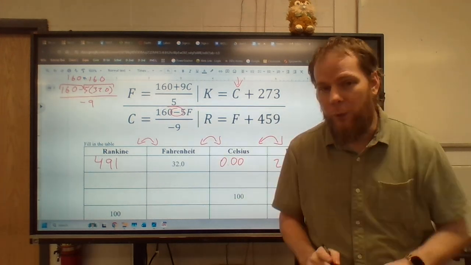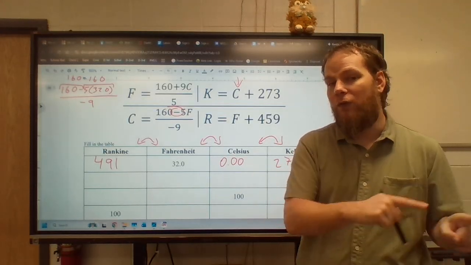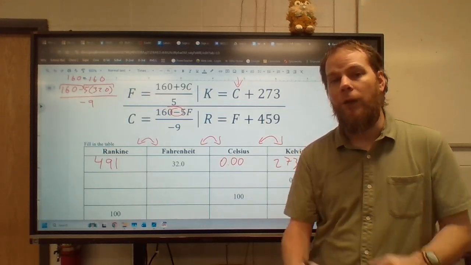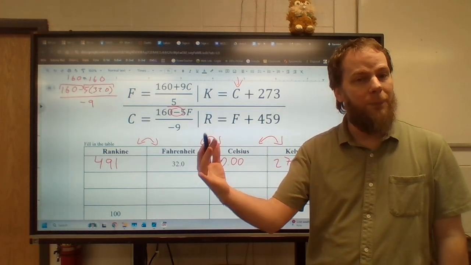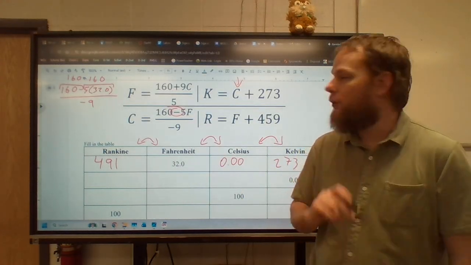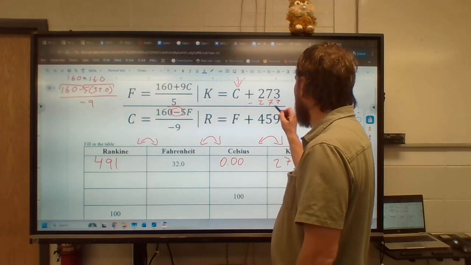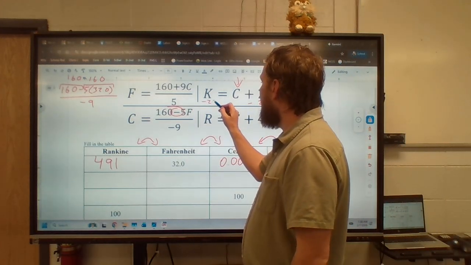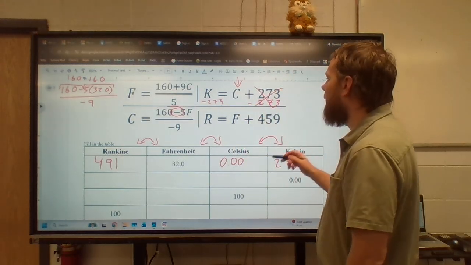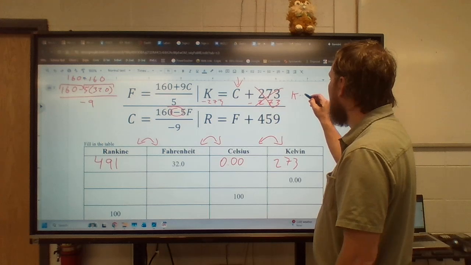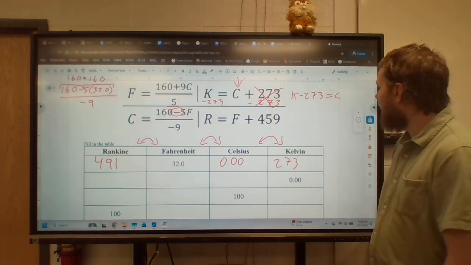In order to do that, we need to do the opposite of what 273 is currently doing. Well, currently, it is adding. So we are going to do the opposite of that, which is subtract. So minus 273, minus 273. This goes away, and that tells us that K minus 273 equals C.